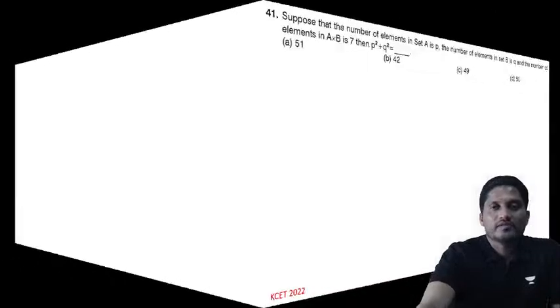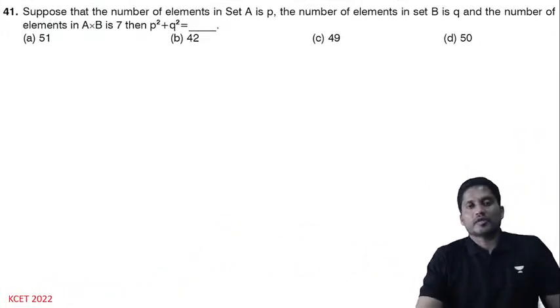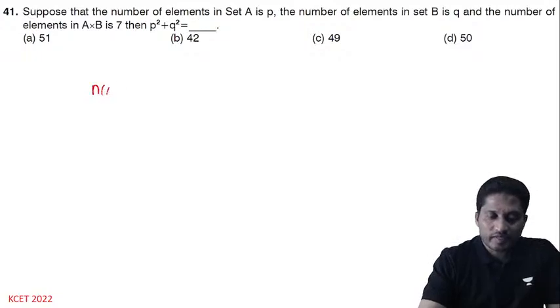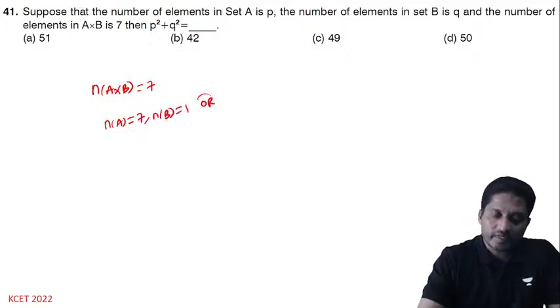Question number 41. Suppose that number of elements in a set A is P, number of elements in set B is Q, number of elements in A cross B is 7. So this means that n of A cross B is equal to 7. What is P square plus Q square? N of A cross B is 7 means n of A is 7 and n of B is equal to 1. Right? Or it can be the other way.